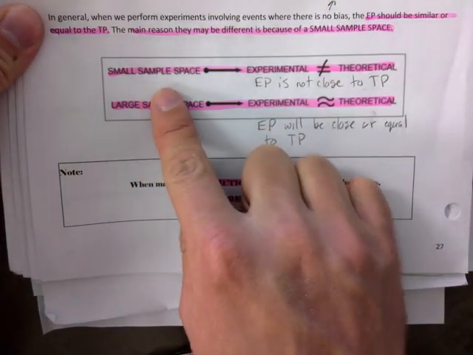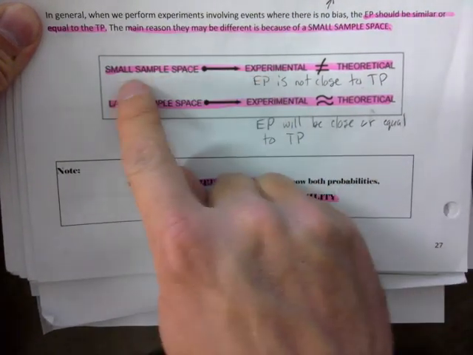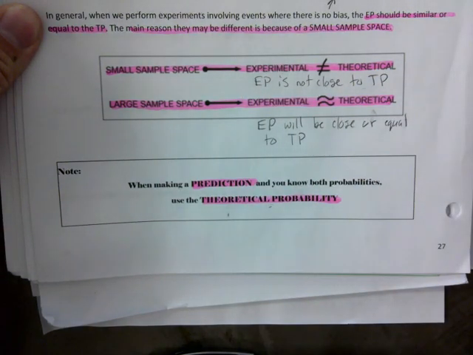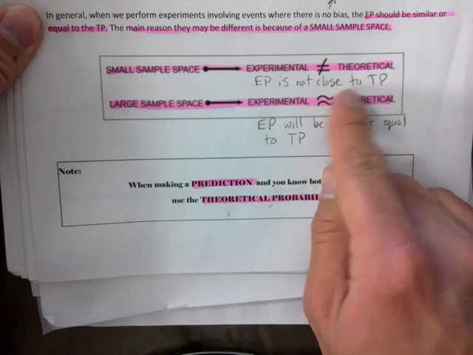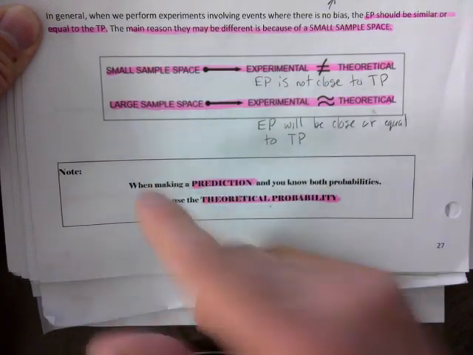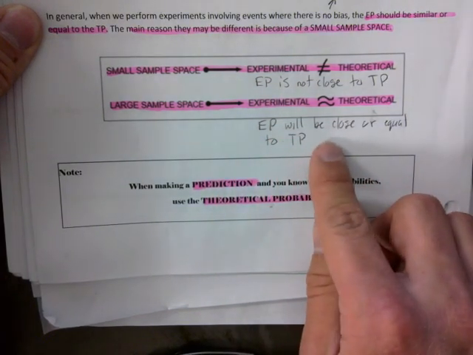A small sample space, or a small number of trials. There's multiple ways to say this. If I roll a dice not that many times, my experimental probability and my theoretical probability will not be that close. But with a large sample space, if I roll a dice thousands of times, I can expect my two probabilities to be close.